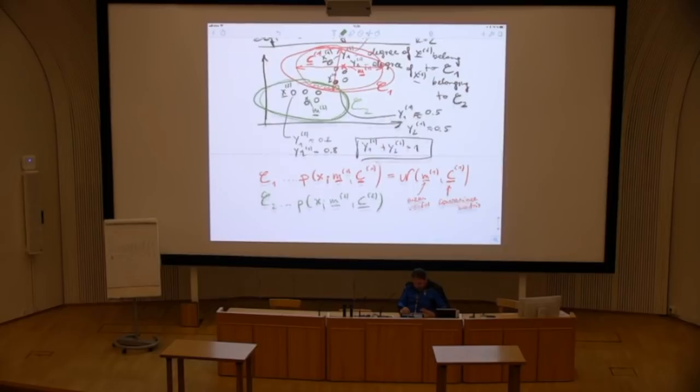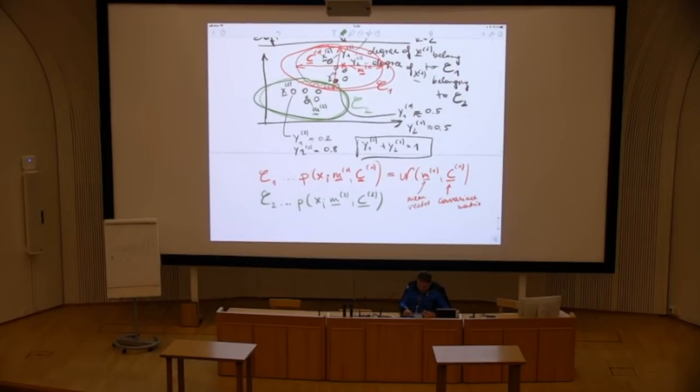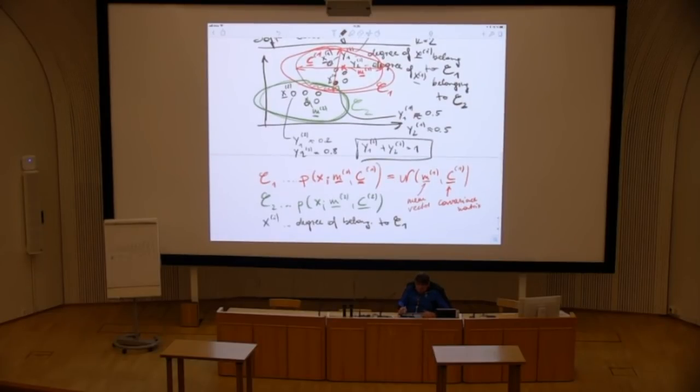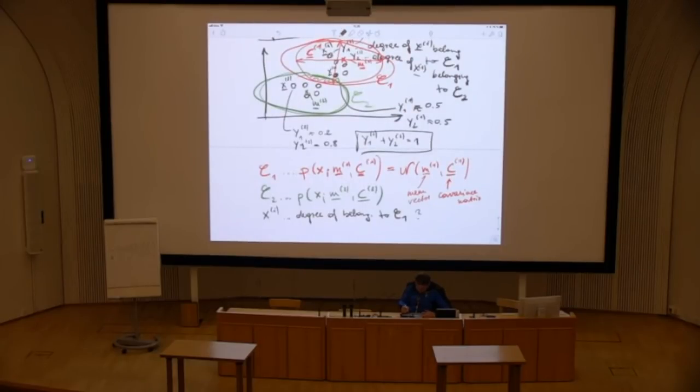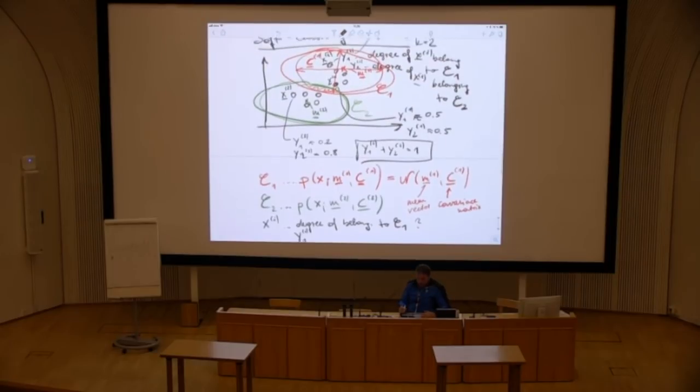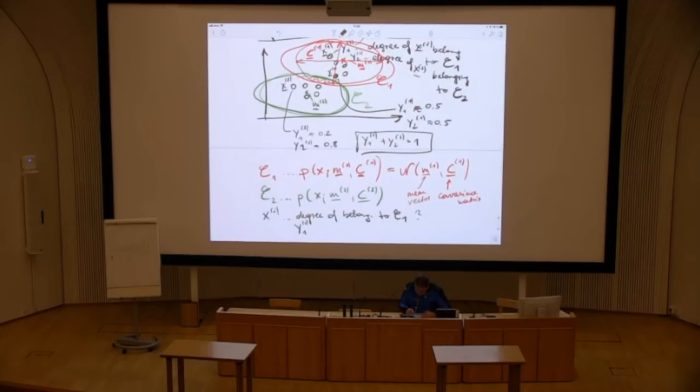How could we determine for a certain data point, let's say xi, the degree of belonging to cluster C1? This is denoted by yi1, the degree of belonging of data point xi to cluster C1.